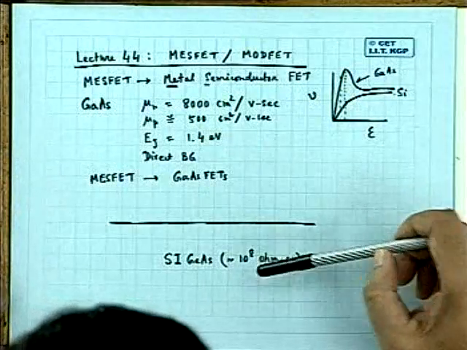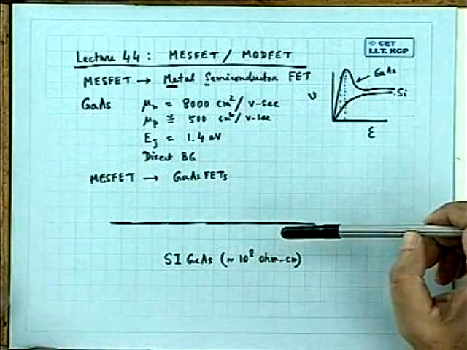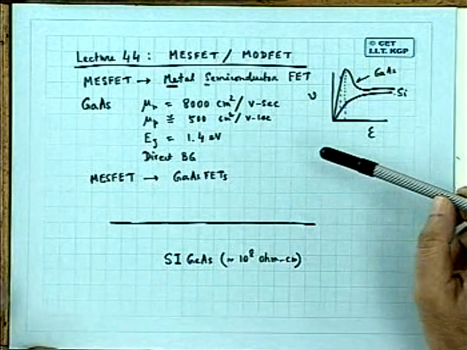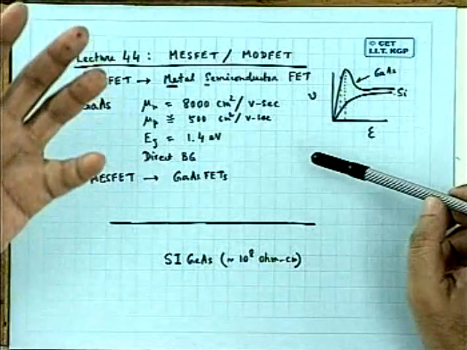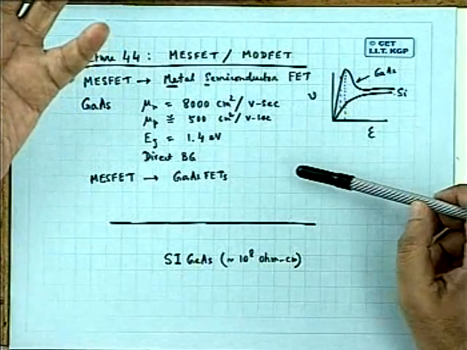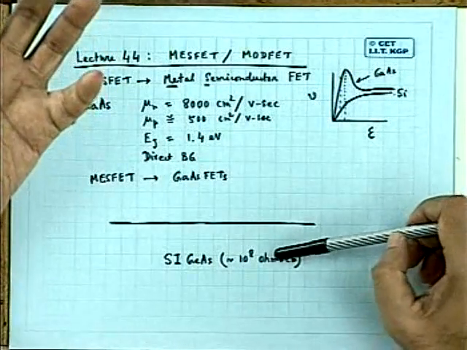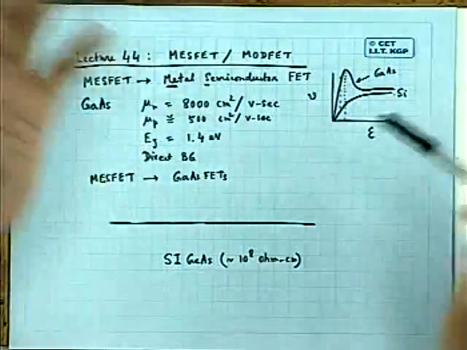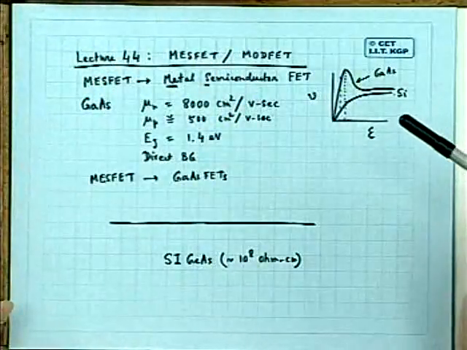It is not difficult to achieve a resistivity as high as 10 to the power 8 ohm centimeter in gallium arsenide, which is highly advantageous. Because automatically you are getting a substrate which is practically a good insulator. 10 to the power 8 ohm centimeter is a reasonably good insulator, so electrical isolation will be very good.